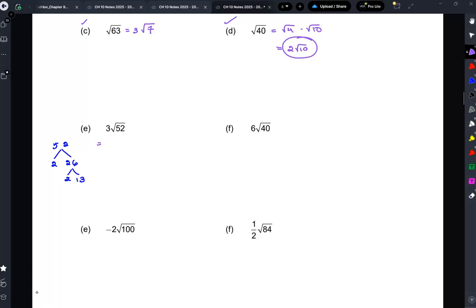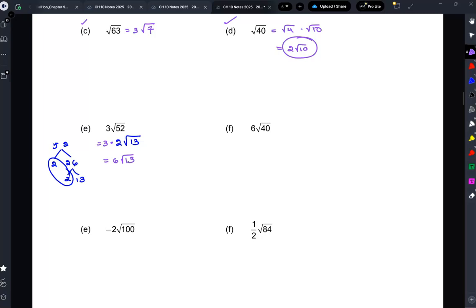I already have a 3. That copies over. Times. Now for the 52, this comes out as a 2. What stays in? A 13. So finally, this will be 6 root 13.